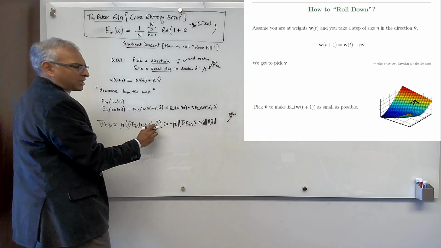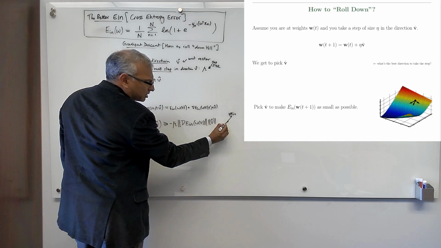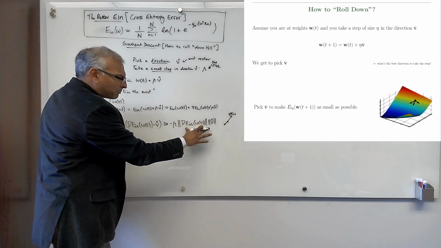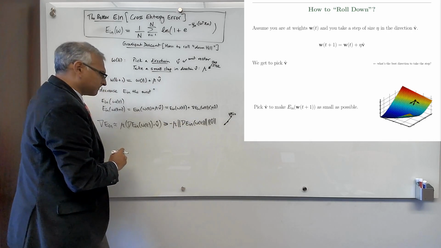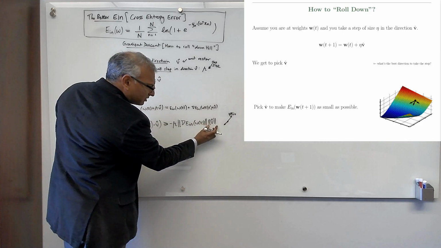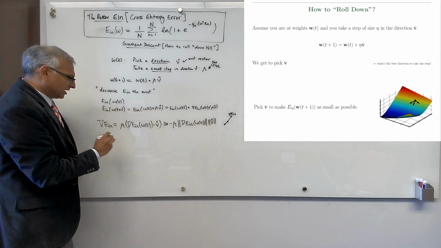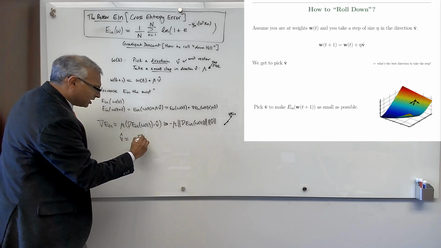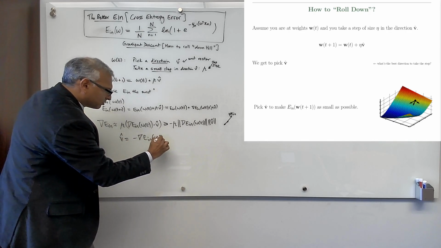We get to choose this direction, so we should choose it in the opposite direction, but it must be a unit vector. Then we will saturate this inequality. The biggest bang for the buck comes from choosing v hat in the negative direction of the gradient of E_in of w(t).